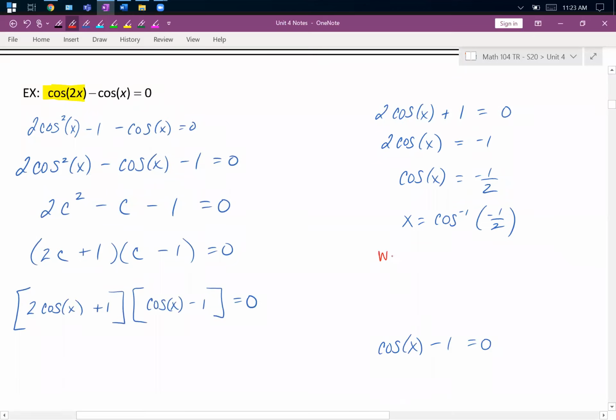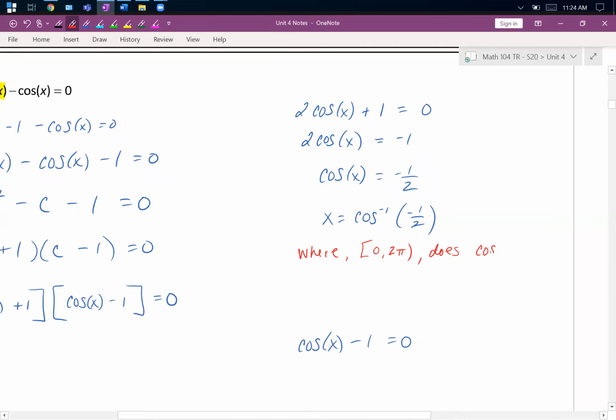So we want to know where from 0 to 2 pi does cosine equal this -1/2. Well, if cosine is negative, that means that we have to be in either quadrants 2 or 3.